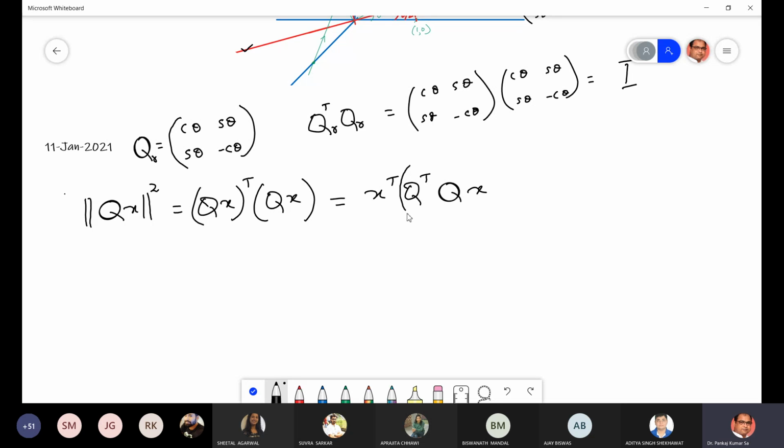And what is this? This is nothing but I, X transpose I X, that is the identity matrix, which is nothing but X transpose X.